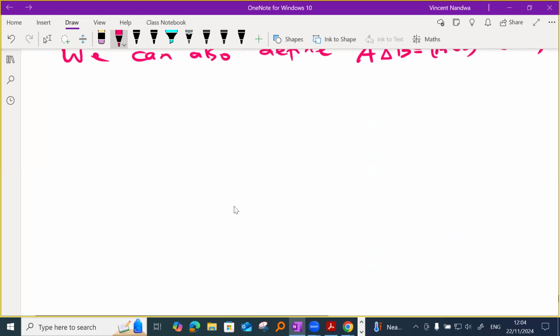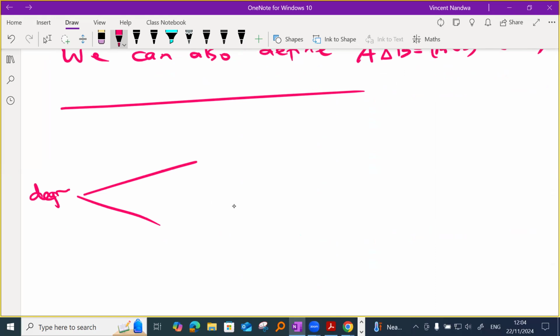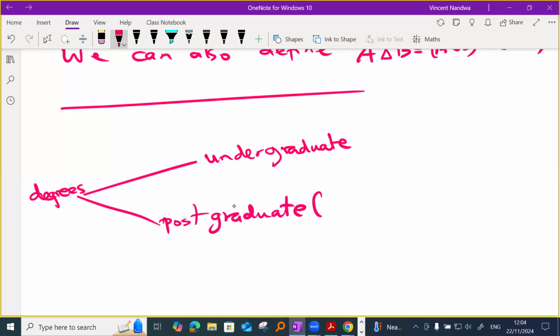There are 2 types of degrees: there's undergraduate degree and there's postgraduate degree. Postgraduate involves master's and PhD degrees. But undergraduate is just the normal degree after someone has done first, second, third, and fourth year, okay?